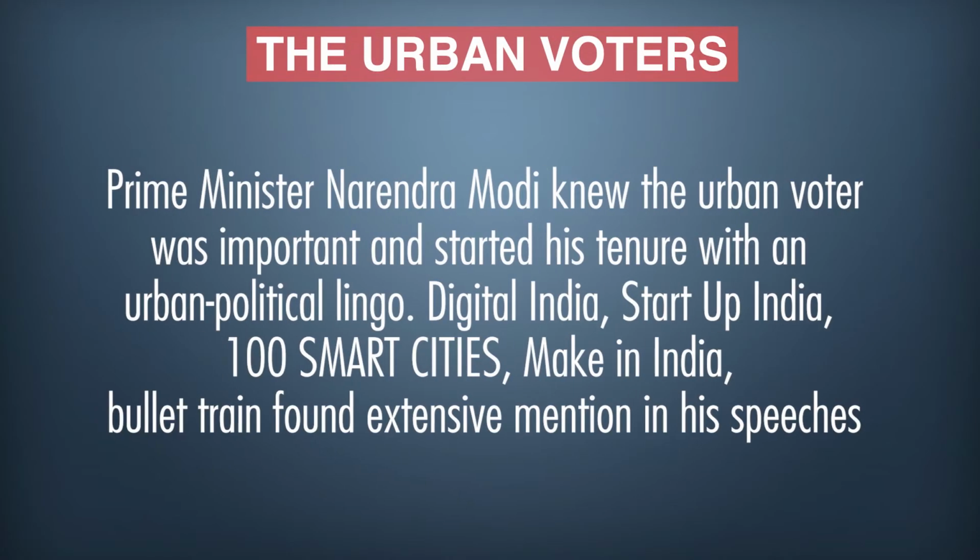Prime Minister Narendra Modi knew that the urban voter was important and started his tenure with an urban political lingo. Catchwords like Digital India, Startup India, 100 smart cities, Make in India, bullet train found extensive mention in his speeches and electoral campaigns.